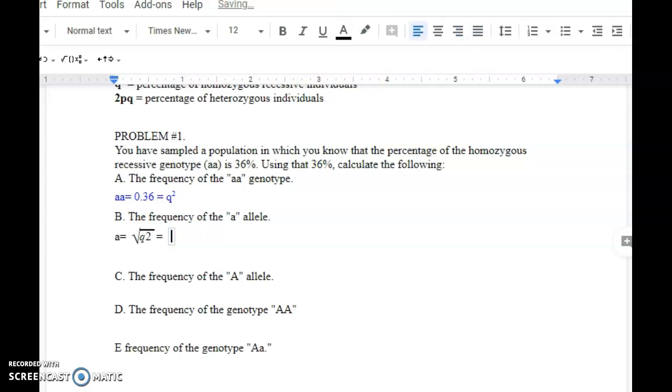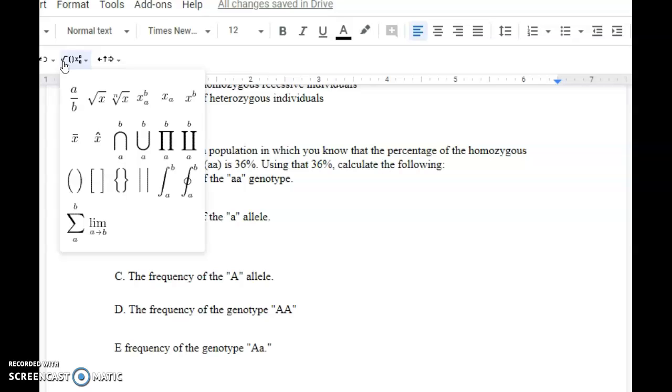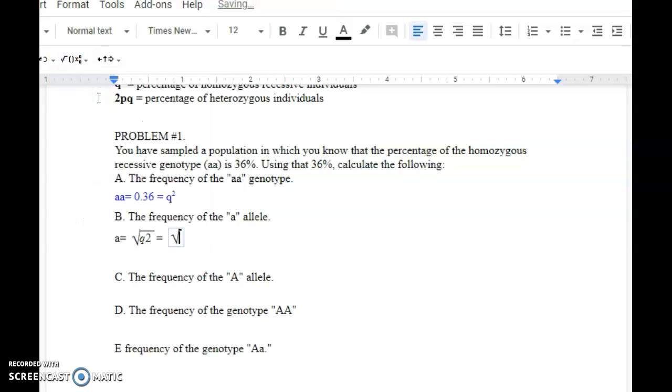All right, and that's going to equal the square root of 0.36. So basically that's going to change this to take the square root of Q squared.